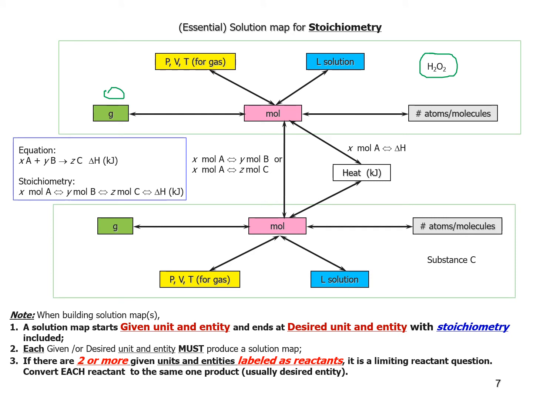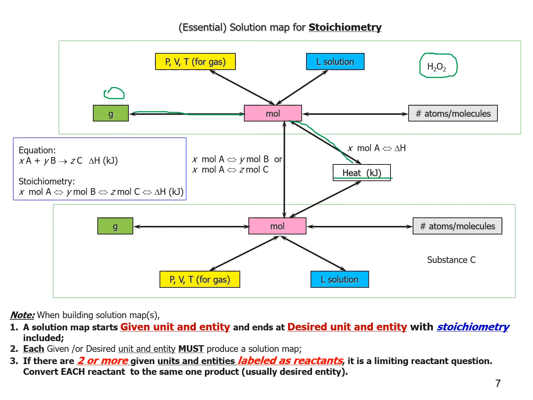So how are we going to select the solution map? Remember, the question wants heat in kilojoules. The solution map must be grams to moles of H2O2, then to the heat.